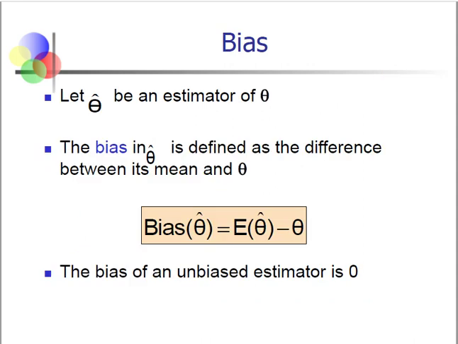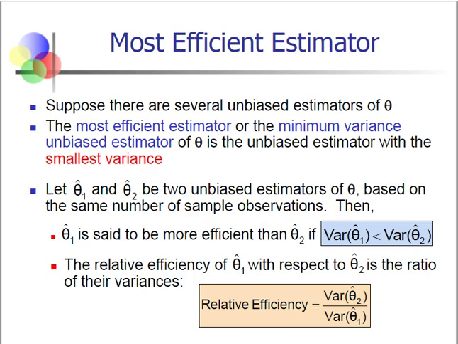So that means that theta 1 is an unbiased estimator. For us to see the bias of an estimator, we can subtract the parameter from the expected value of that estimator. And we can see that for an unbiased estimator, this difference will just be 0 because they are the same.